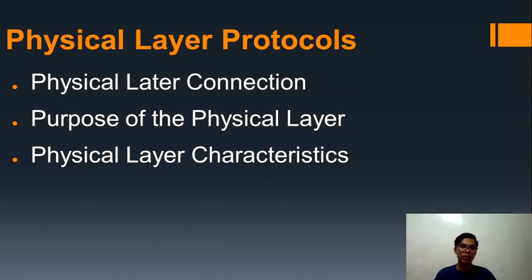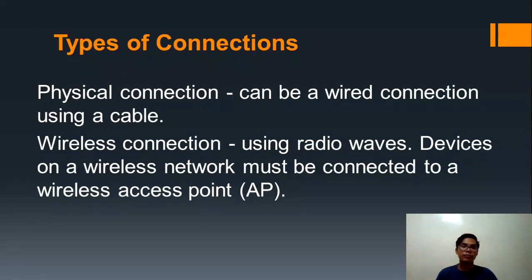Physical layer connection. Purpose of the physical layer. Physical layer characteristics. Types of connection. A physical connection can be a wired connection using a cable, or a wireless connection using radio waves. Devices on a wireless network must be connected to a wireless access point, or AP.